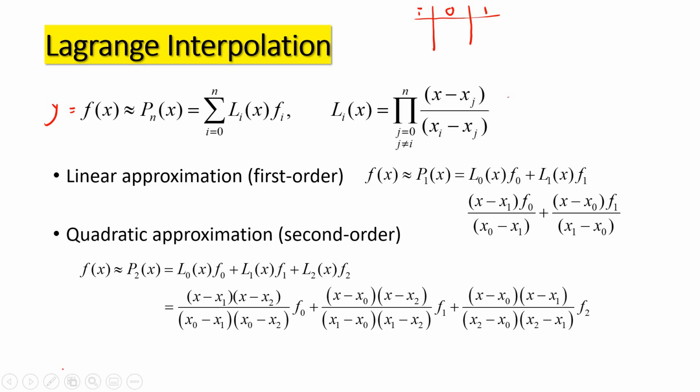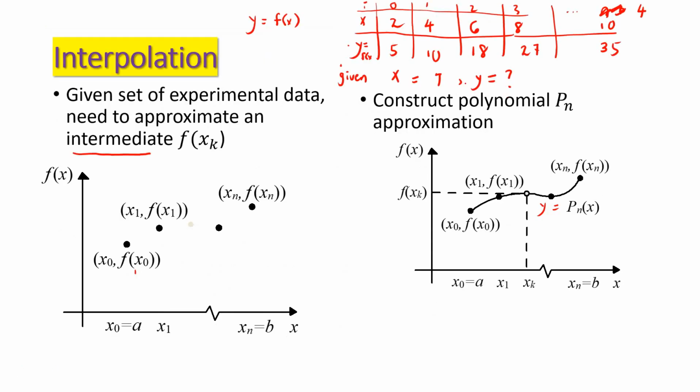If you connect only 2 data like the problem just now, you want to estimate the value of y when x is 7. So you may just take 2 data, 6 and 8. Then you only take 2 data, so the approximation is actually linear. You take only 2 points.